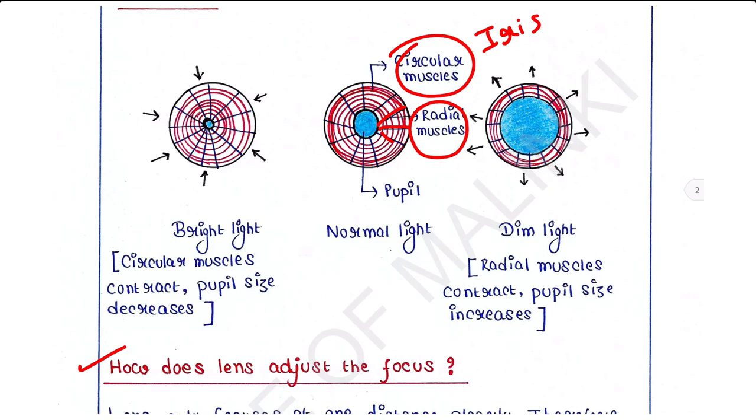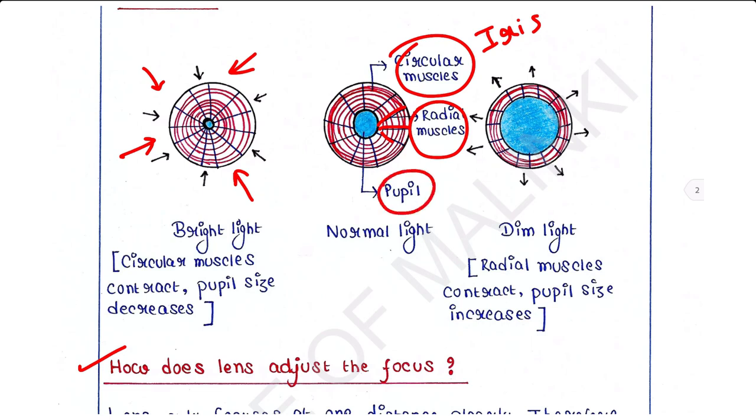Now, when there is bright light, these circular muscles contract. Circular muscles are contracting in this way. You can see the muscles are getting contracted, and the iris is decreasing the size of the pupil.